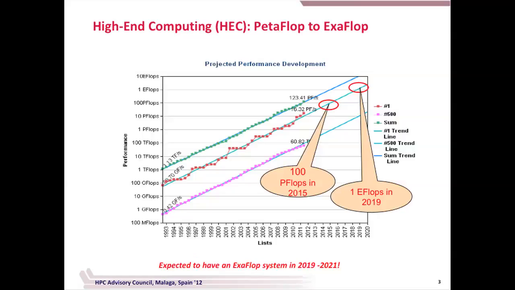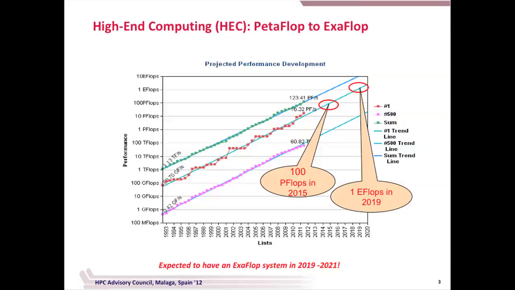Here, if you see, we have been going in a stepwise fashion, and this is June 2012. Now we have crossed 16 petaflops, with the IBM system at Lawrence Livermore National Lab. The next thing we want to reach is 100 petaflops, which people have been talking about, mostly by 2015, in another 3 years.